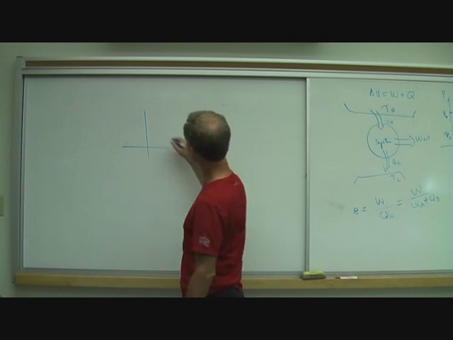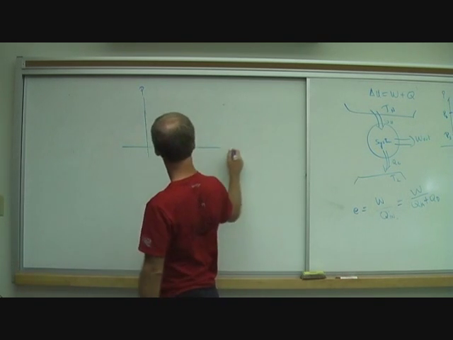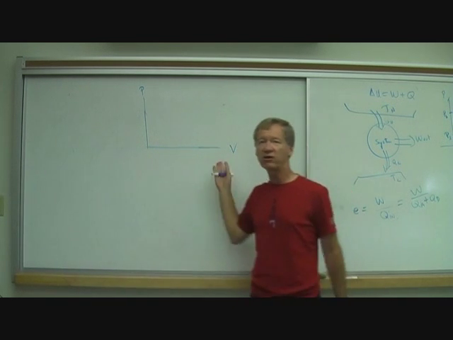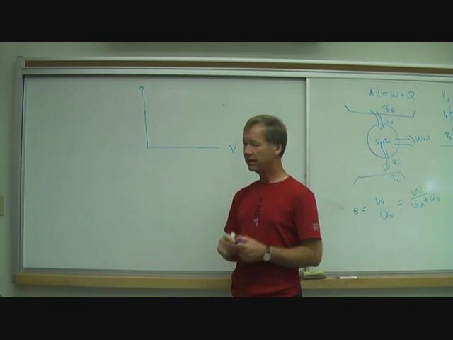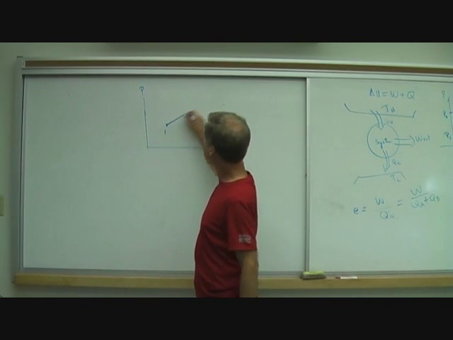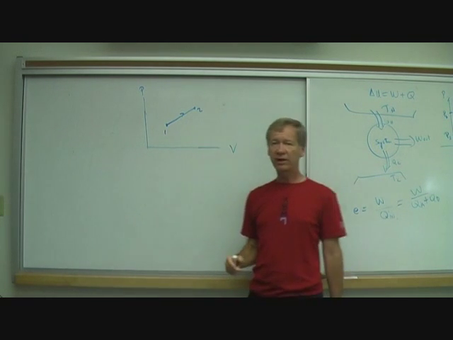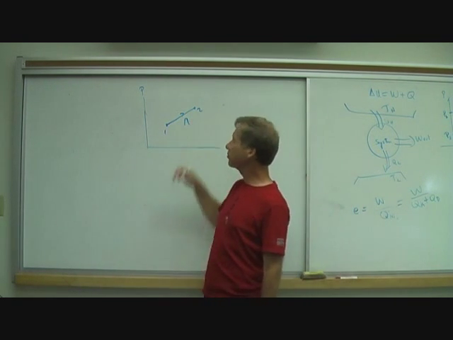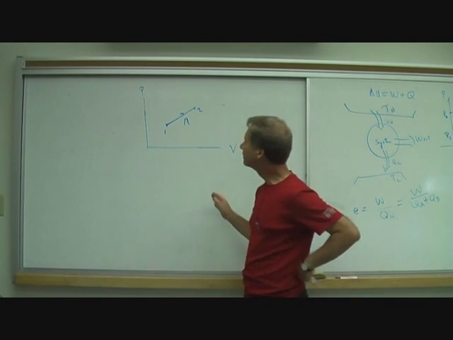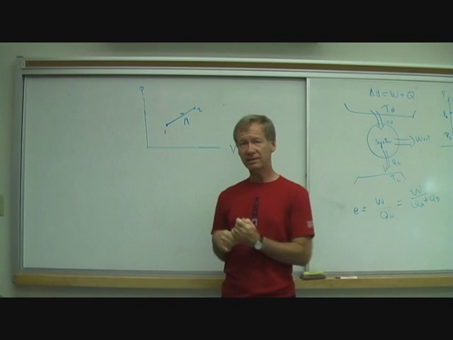Again, here is our PV diagram, right? Let me get rid of the negative volumes and pressures there. And so here is an initial spot, and I could go like this to spot number 2, and I could label this as process A. This is a complicated process.